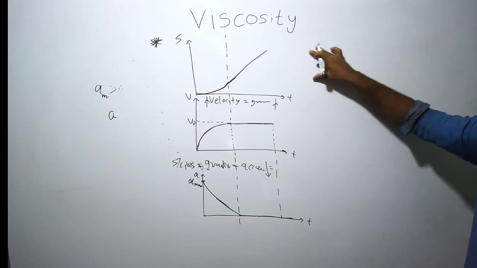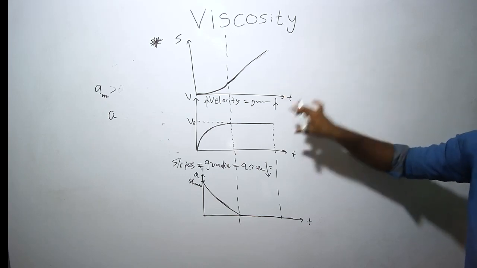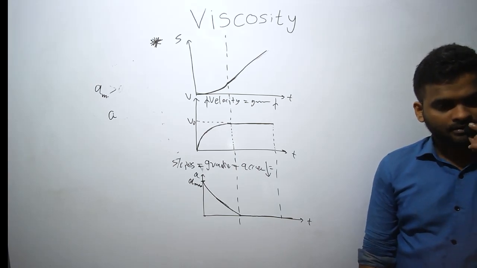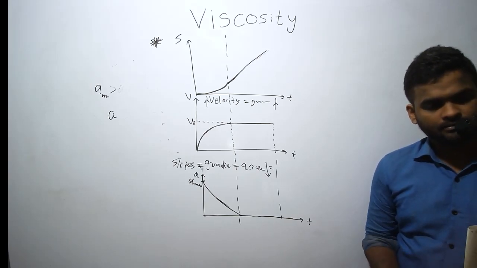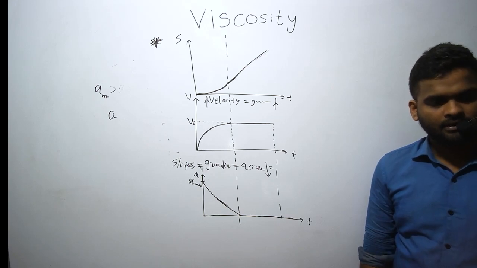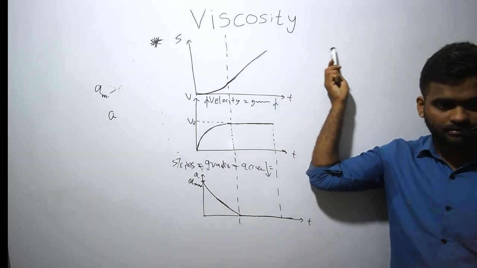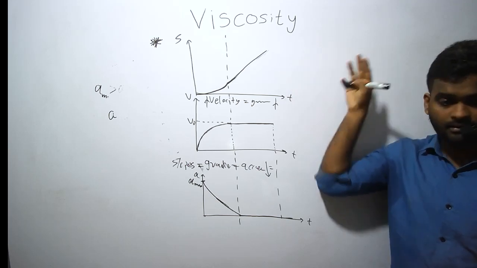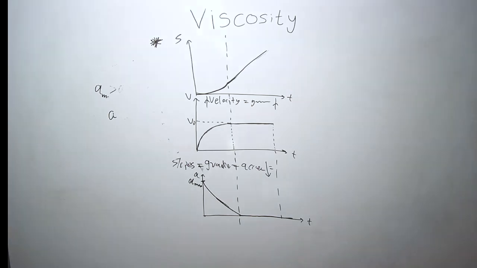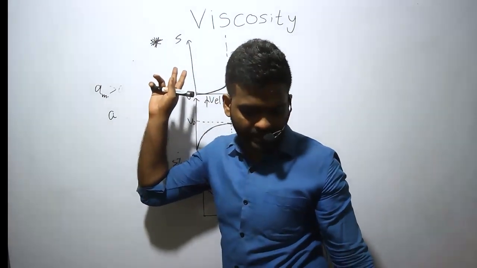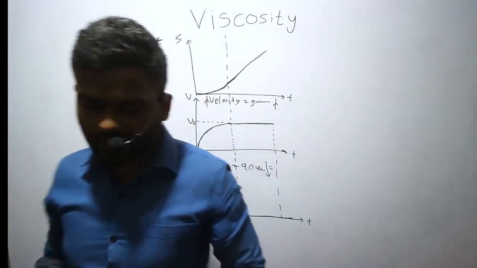So leave some space in front of each graph. Quickly take it down. In front of each, I need to leave some space, right? You have to revise this again, right?